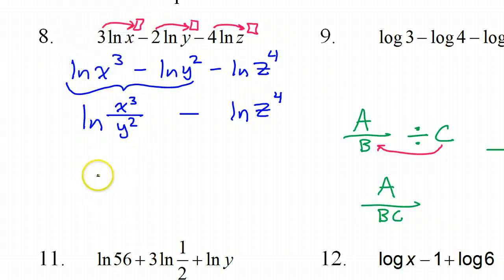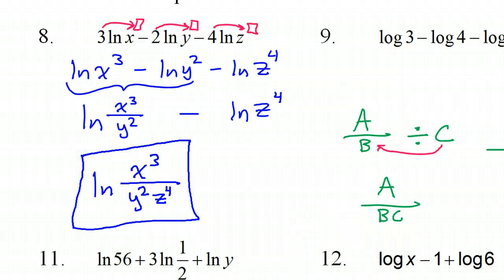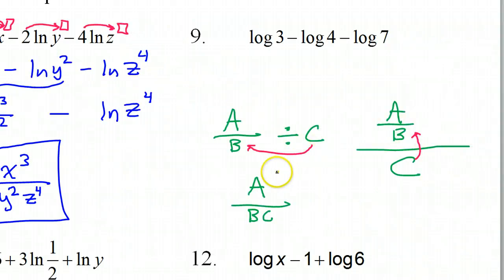So this will become natural log of x to the third power over y squared, and now dividing by this as well, you just put it in the denominator as well. So this would be the condensed form for number 8. All right, so this might be a new principle for you guys, but get used to it.